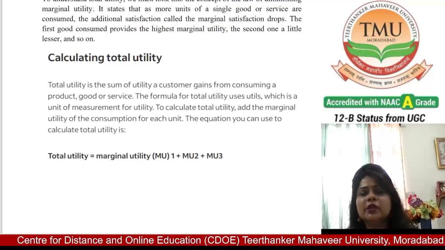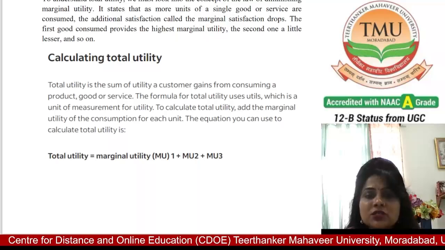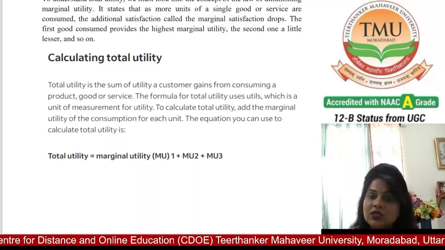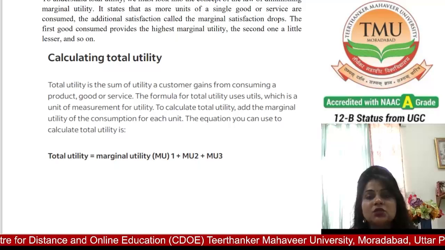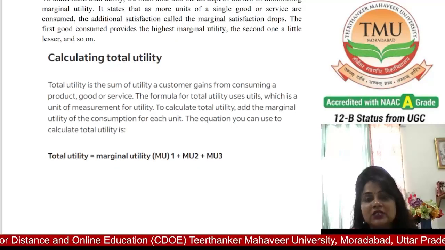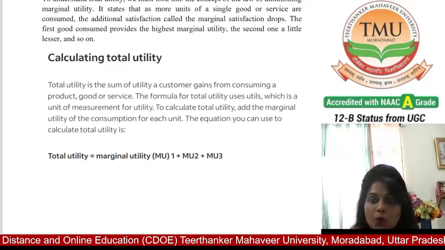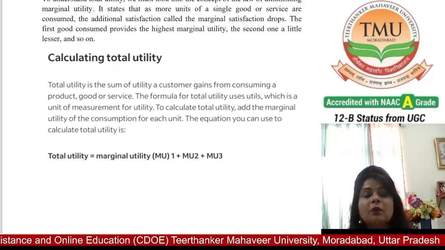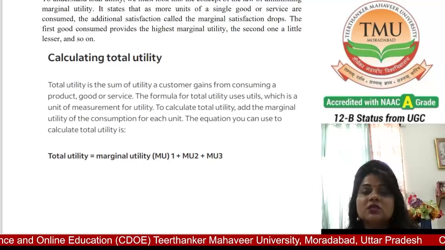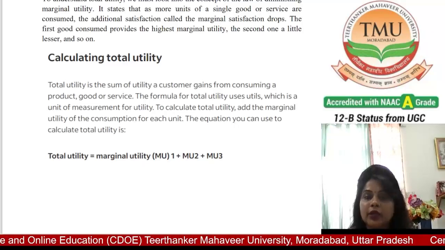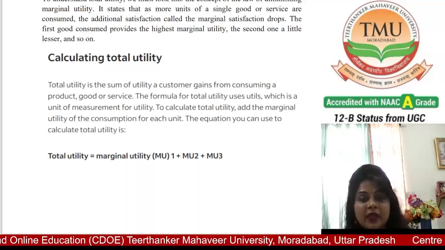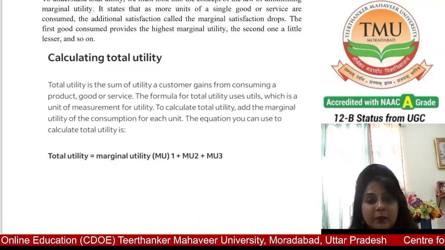In economics, utility mainly refers to the satisfaction gained from consuming a good or service. Total utility is usually defined as a quantifiable sum of satisfaction or happiness obtained from consuming multiple units of a particular good or service. Utility and total utility are used in economic analysis of consumer behavior within a marketplace.